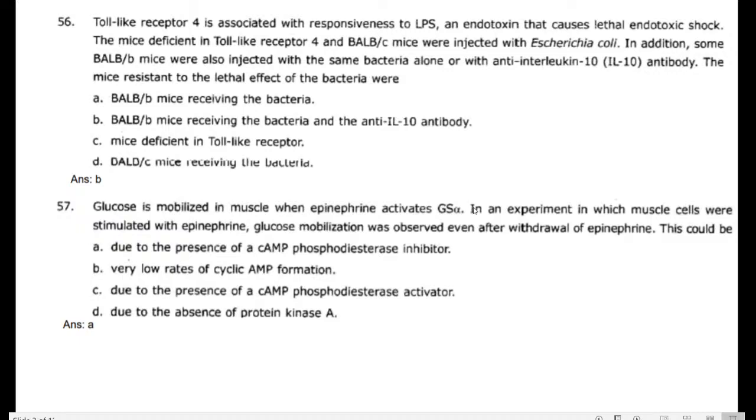In an experiment, muscle cells were stimulated with epinephrine, so there was epinephrine in the muscle cell. Glucose mobilization was observed after the withdrawal of epinephrine. Withdrawal means it is excreted from the muscle cells. So this is due to the presence of cyclic AMP phosphodiesterase inhibitors.